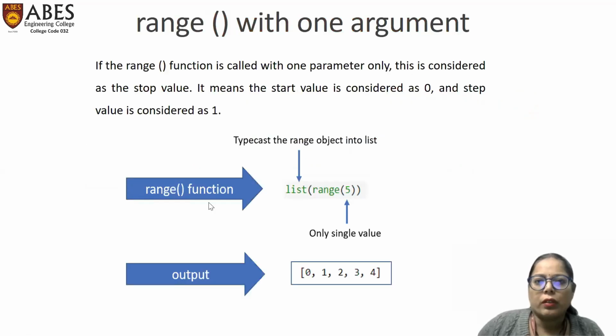Now, if the range function is called with one parameter only, this is considered as a stop value.